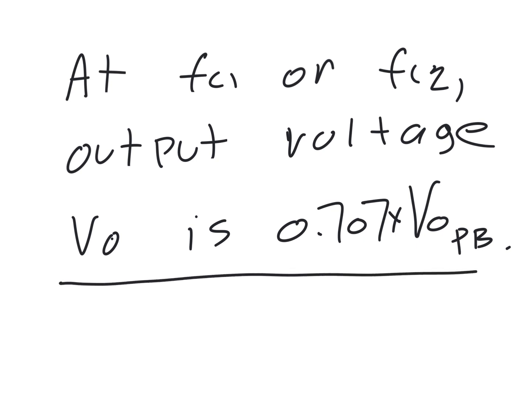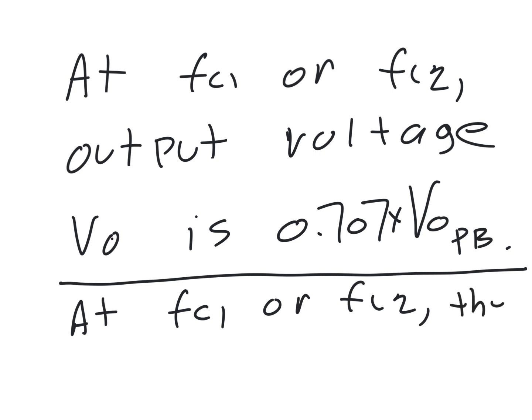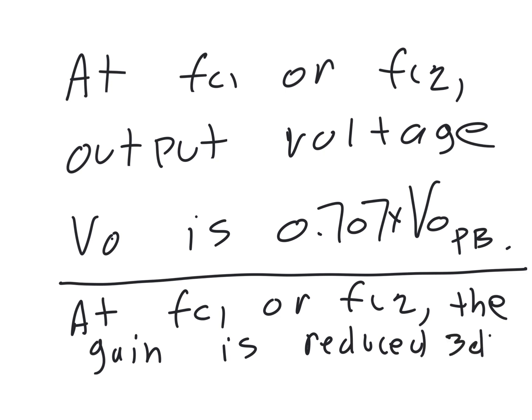And we could also say then that at FC1 or FC2, the gain is reduced by 3 dB. Okay, so let's just kind of resketch that again.